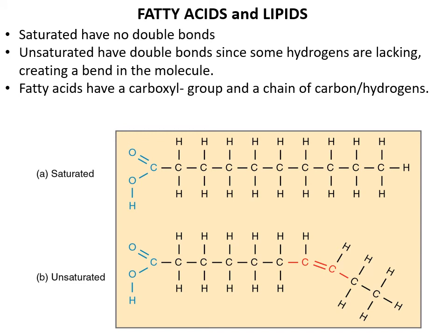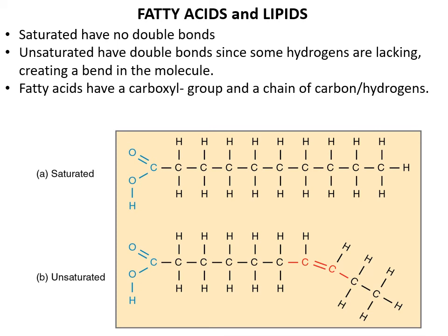Okay, and when we're talking about fatty acids that we're eating, say, or that are in the body, but let's just say that we're eating them. So fatty acids and lipids. A saturated fatty acid has no double bonds. It's fully saturated. Okay, and what's it saturated with? Hydrogen ions, or hydrogen elements of hydrogen, right?